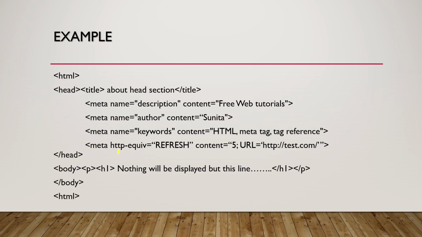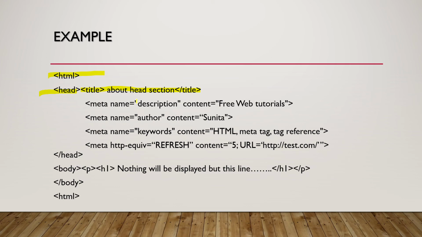Next, here I am with the example of all the meta tags and the use of the body tag. So, first of all I have written HTML, then I have used the head tag. Within the head tag I have taken one title tag. The title tag will give the title to the web page.